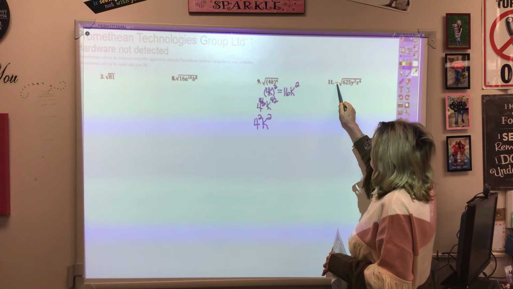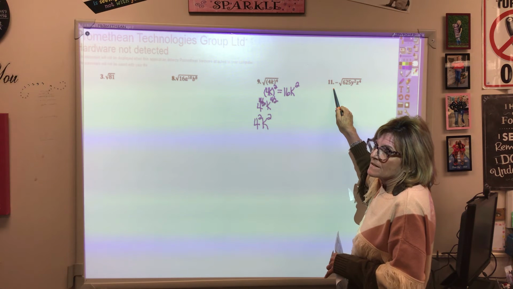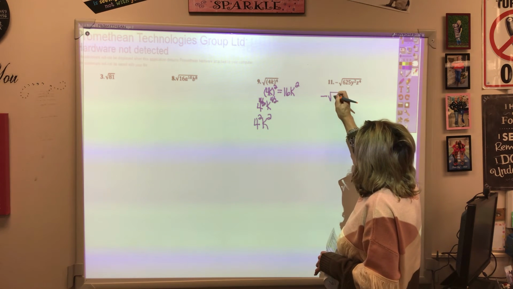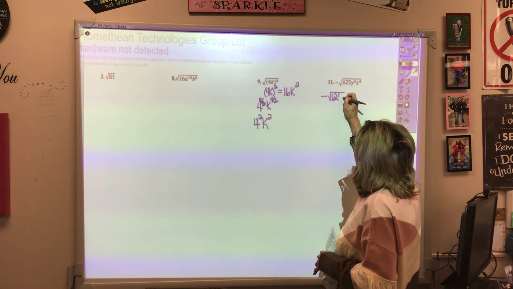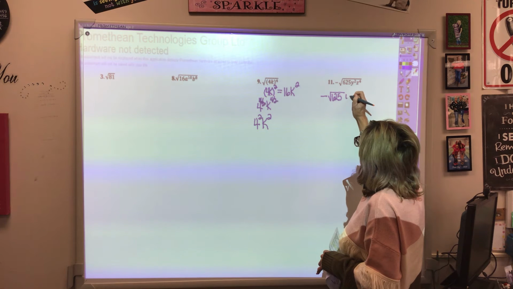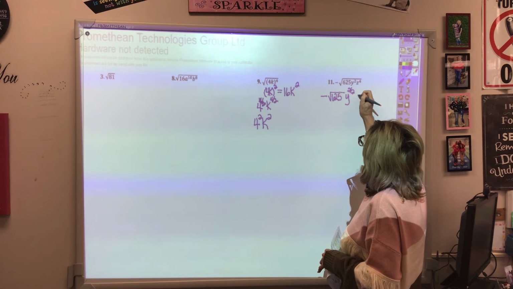Notice this has a negative out here, so that just means our answer is going to be negative. So we've got negative square root of 625. And I think I'm going to write these like so. If I'm taking the square root of a power, I'm just dividing the power by 2.